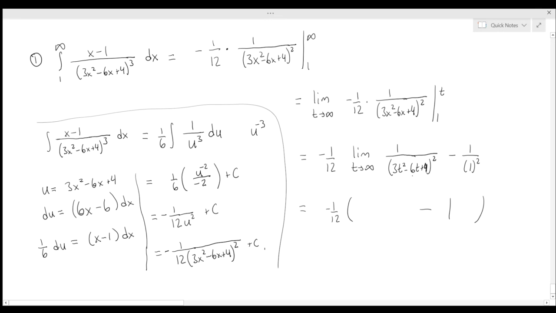But I feel like it's pretty clear that since this is a higher power of t, we know that that's going to be the dominant term. So since this term is going to infinity, in the end, we can imagine getting 1 over infinity in the denominator. And then remember that 1 over infinity is just going to be 0.